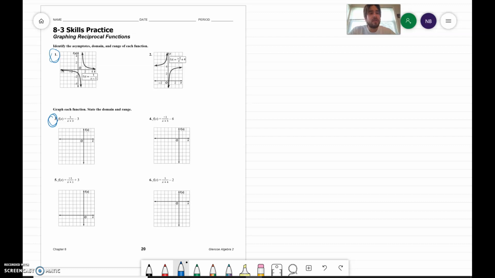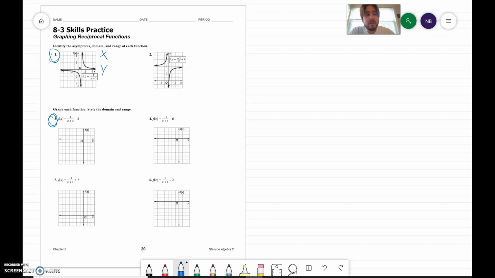With number one, we're looking at it saying to identify the asymptotes. When they're talking about asymptotes, they're really just talking about x and y. Like we were doing in the past sections when solving compound fractions, with these we're just going to be locating two points, x and y, and then we fill out our data based off of that. The way we get x is by looking at the denominator, which is x minus 1.